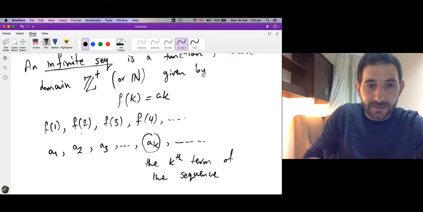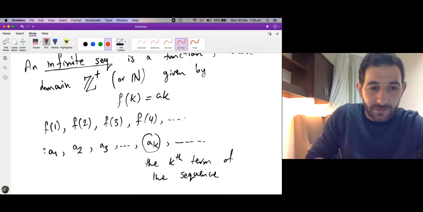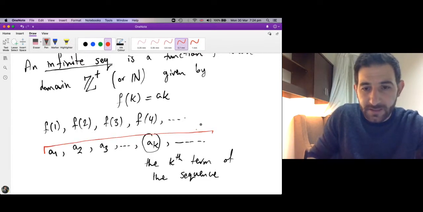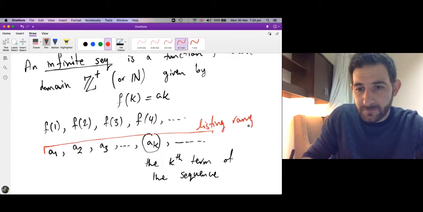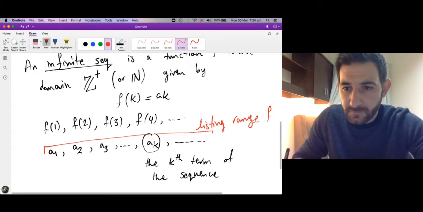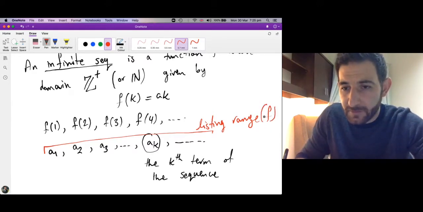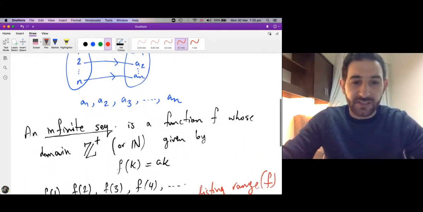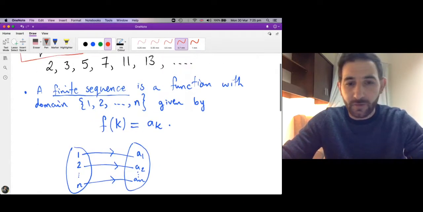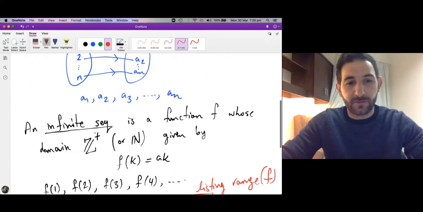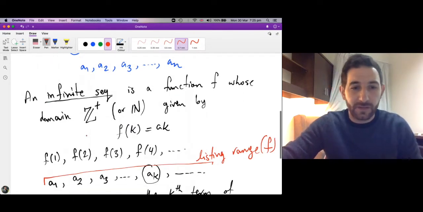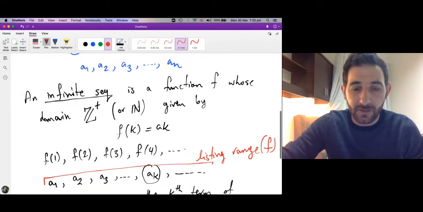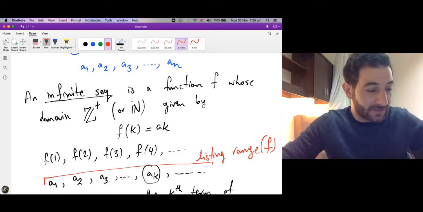And this list is the range of f. So to sum up, to us a sequence is just a function whose domain is either 1 to n for finite sequences, or for infinite sequences, the set of positive integers or the natural numbers.